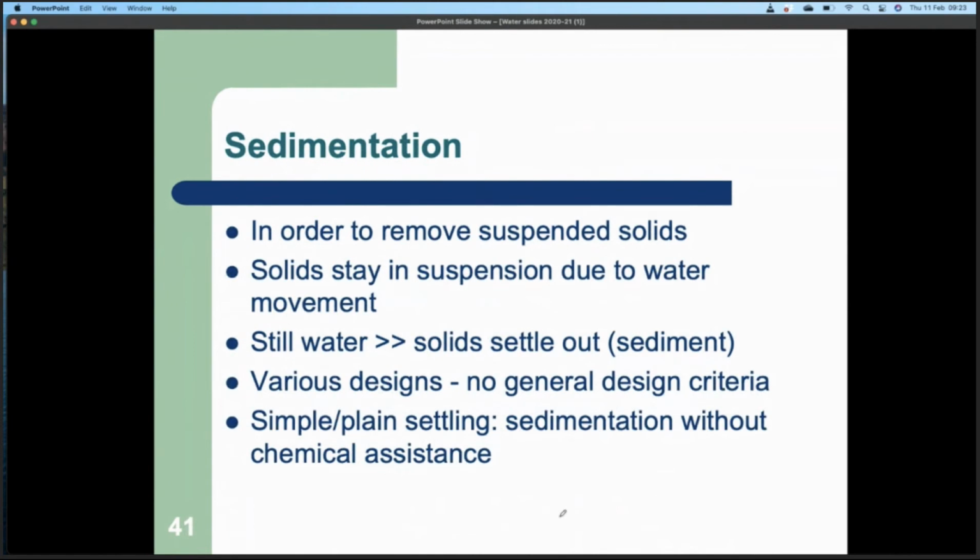So sedimentation, yeah, you use sedimentation to remove suspended solids. So again, it's the suspended solids. It's not easy to say what suspended solids are. There are some criteria that you use for analytical sciences, where you might say a suspended solid is anything that's over, I don't know, 0.6 micrometer or something like that.